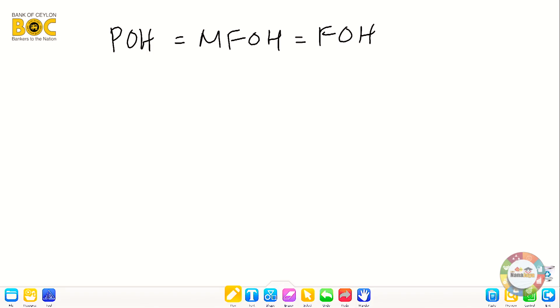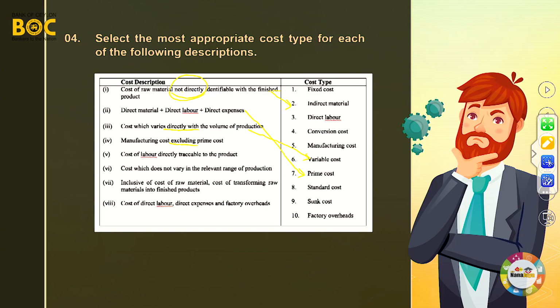Similar terms with the same meaning; in different papers you have these terms given. The manufacturing cost excluding prime cost is factory overhead or production overhead.